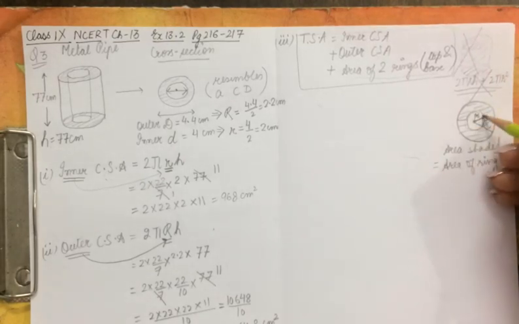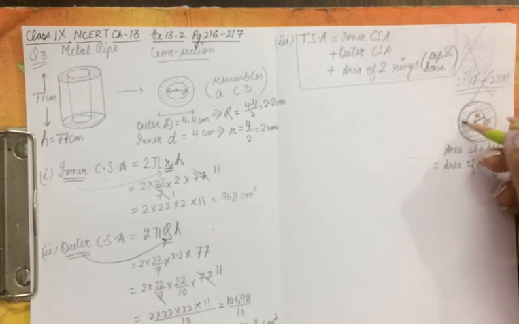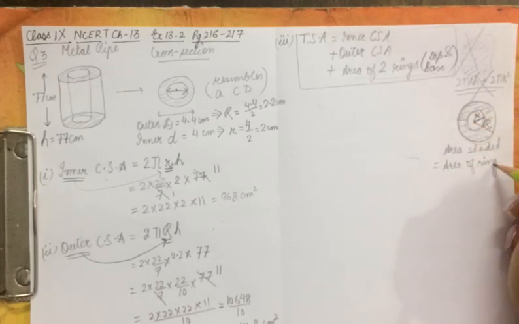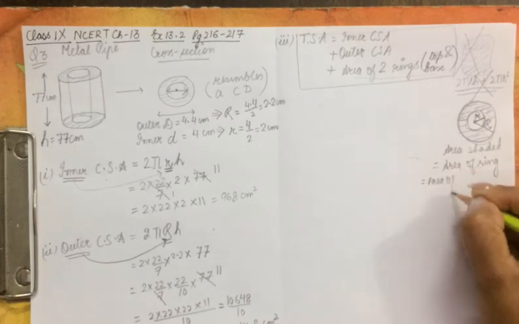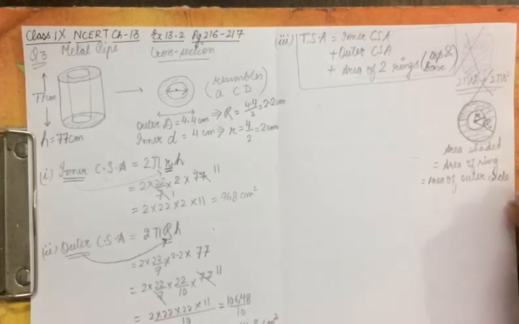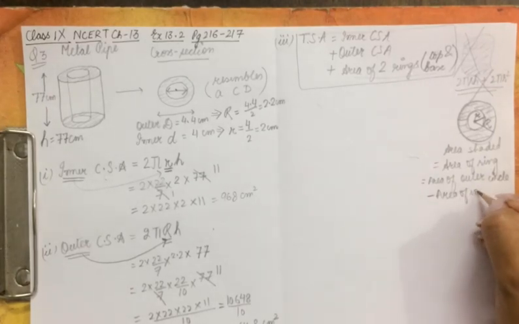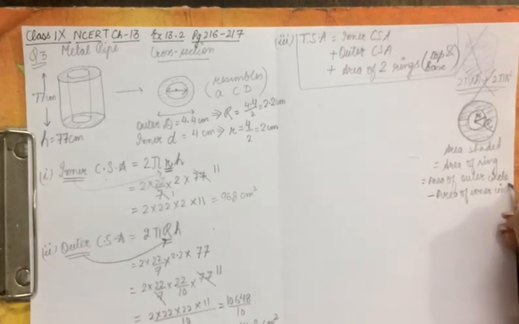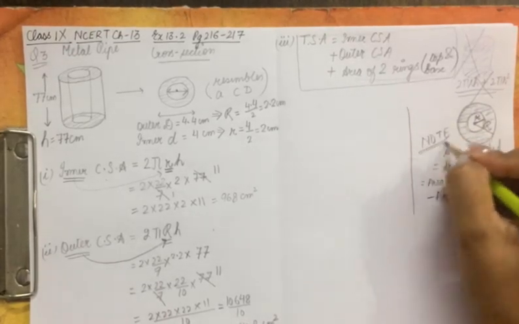So this is the boundary of the smaller circle, this is the boundary of the bigger circle, and between these two boundaries, the area which is present is referred to as the area of a ring. And how do we calculate this? This is given by the area of the outer circle or the bigger circle minus the area of the inner circle, that is your smaller circle.